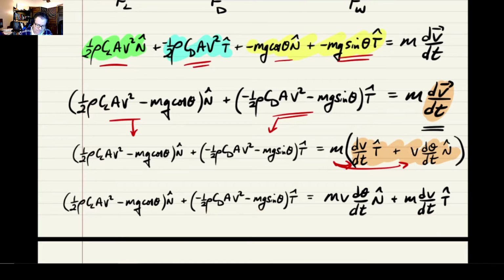So now we'll say this normal component of the forces equals this normal component of the total sum of all the forces, and the tangential component of the sum of all the forces is the tangential component of the mass times acceleration, or total force, on the right side of the equation.